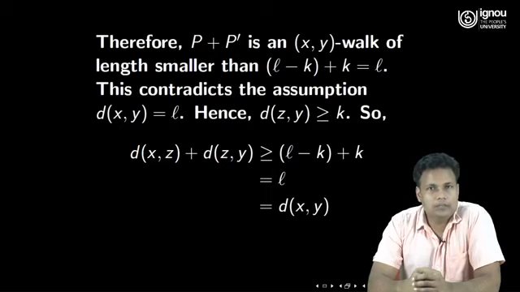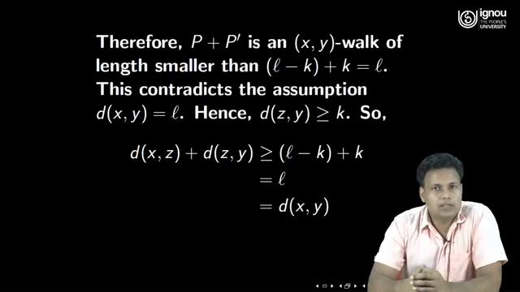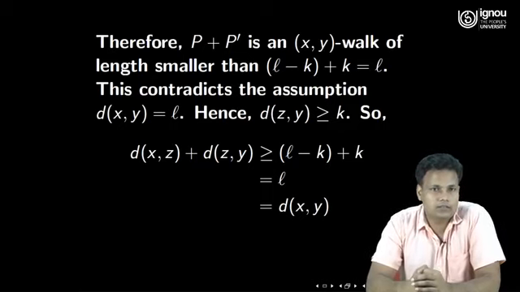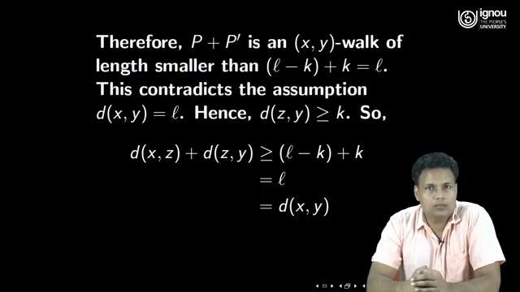So the length of p plus p dash becomes less than L, but this contradicts the assumption that dxy equals L. How does this contradict? Because dxy equals L means that any xy path, including any xy walk, must have length at least L, right. So this is a contradiction, and therefore the distance between z and y must be at least k.